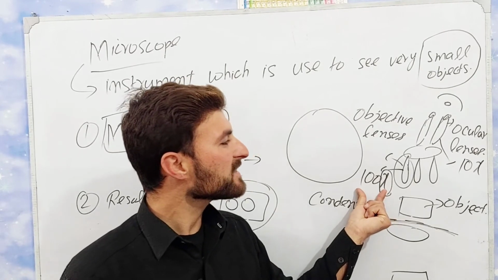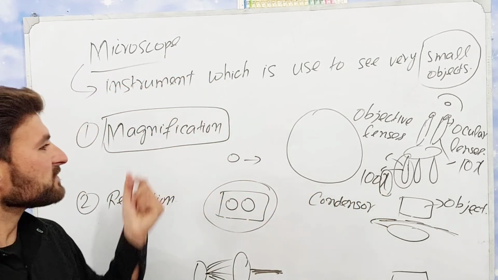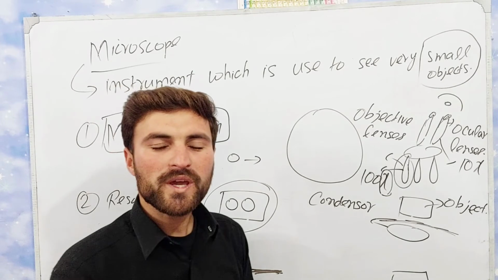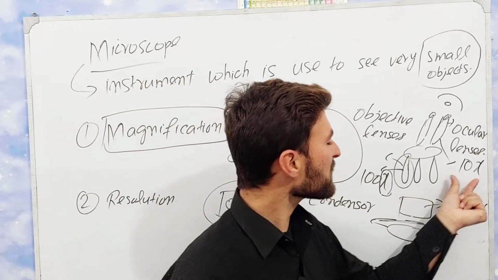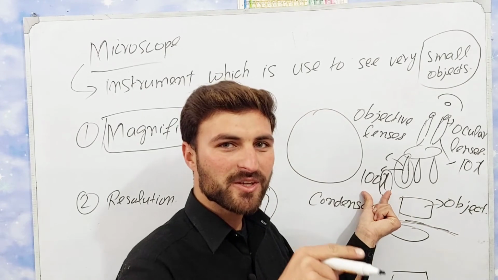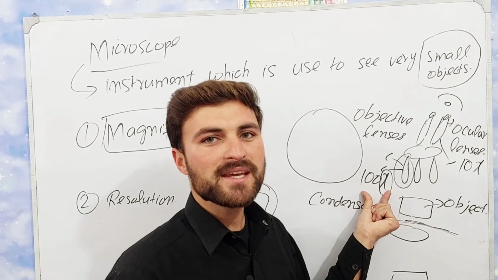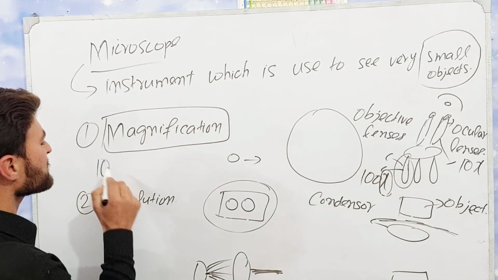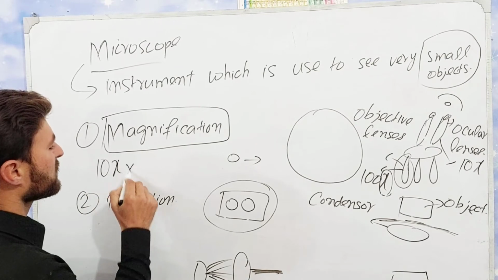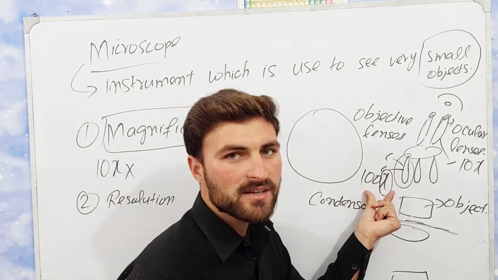So how can we determine this magnification power? Here we have to multiply this power with this, and that result will be the magnification power of the microscope. Let's suppose the ocular lens has 10x power and the objective lens has 100x power.